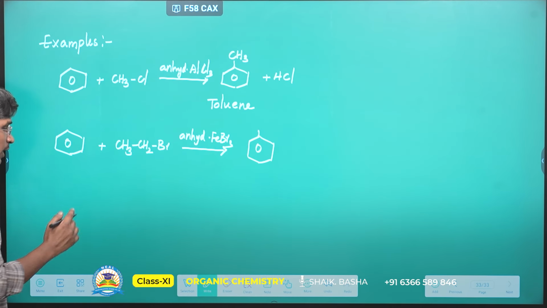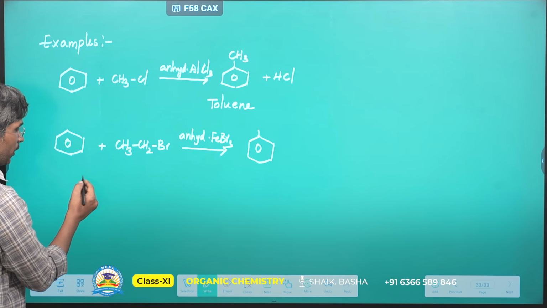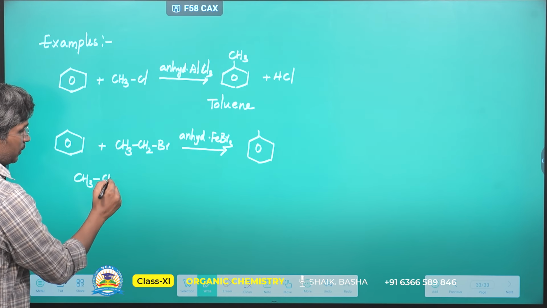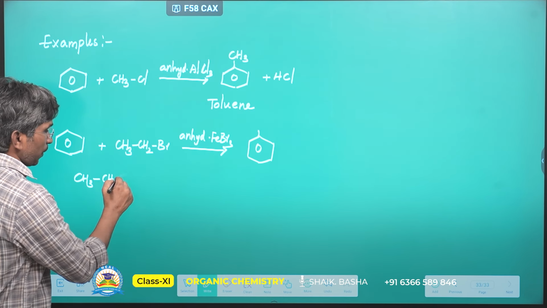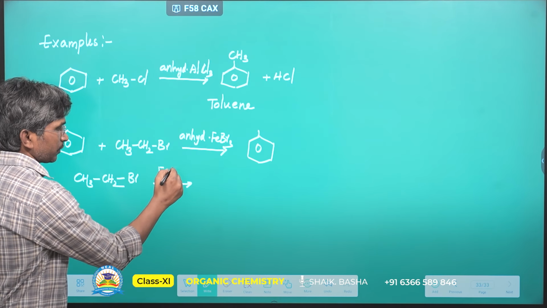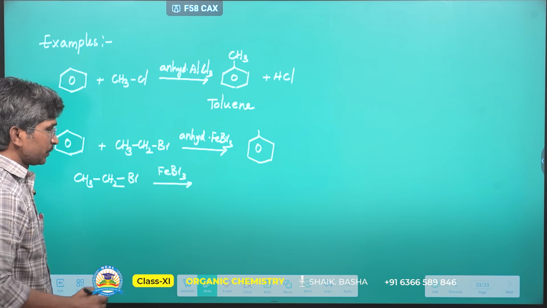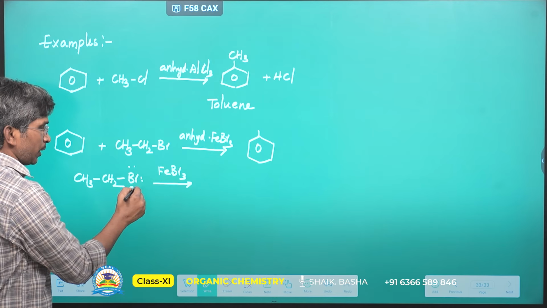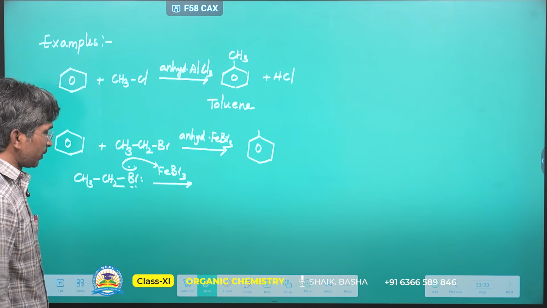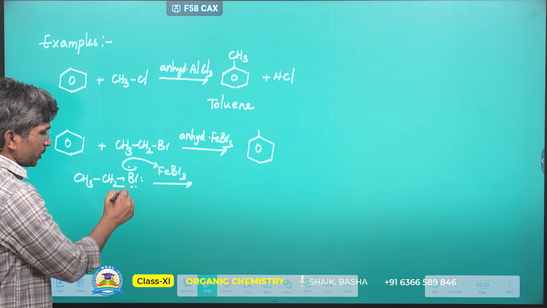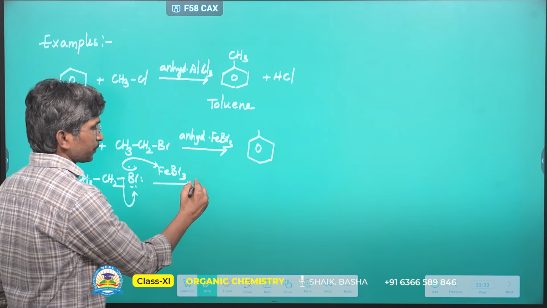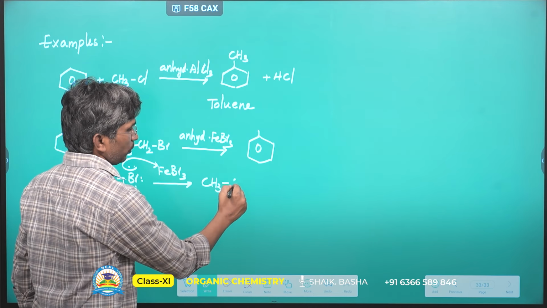So what is the electrophile here? Two carbons are there here. I am writing the electrophile formation. CH3CH2Br on treating with anhydrous FeBr3. This is also a Lewis acid. FeBr3 takes an electron pair from the bromine. Between the bromine and iron, bond formation takes place. Bromine gets a positive charge. It takes an electron pair from this. Which gets the positive charge? This one, CH3, two carbons are there.